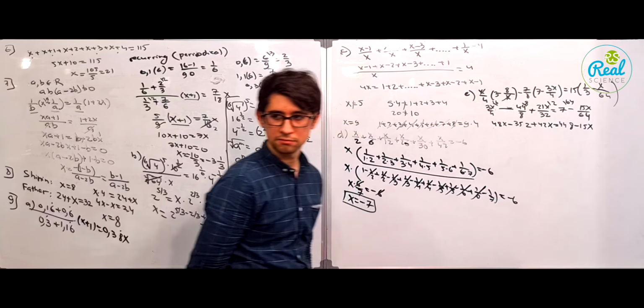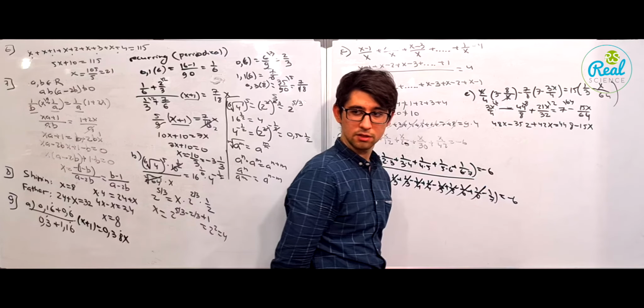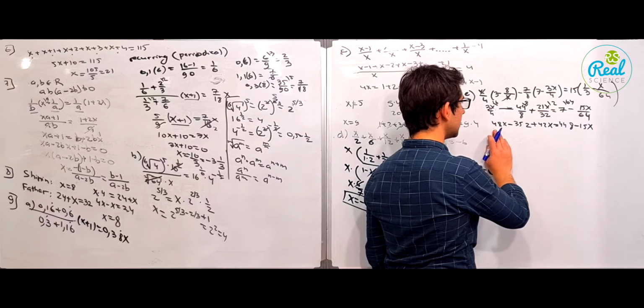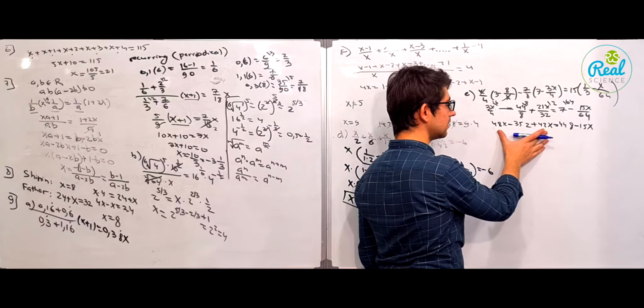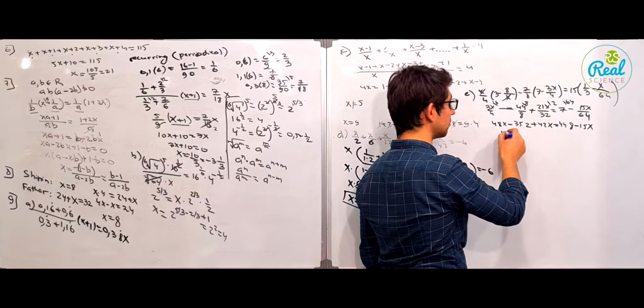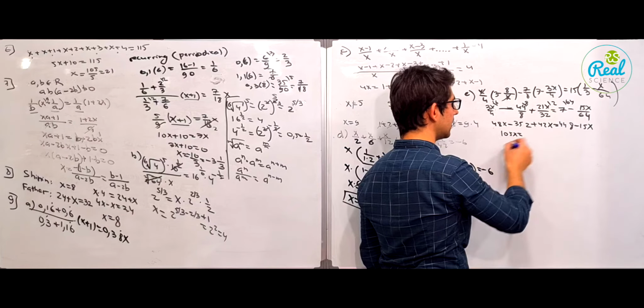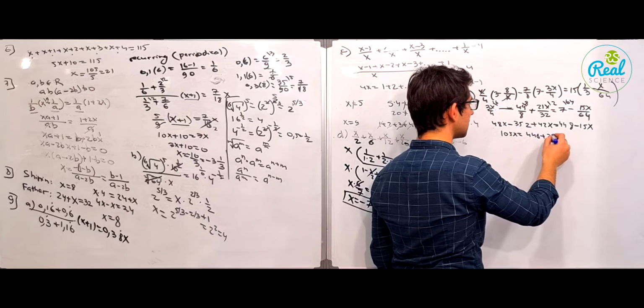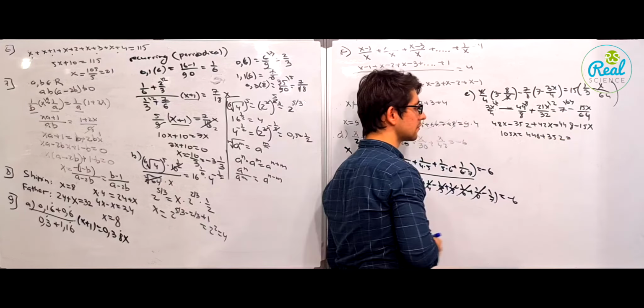Is it correct? So 48 plus 42 is 90, plus 15, 105x, right?